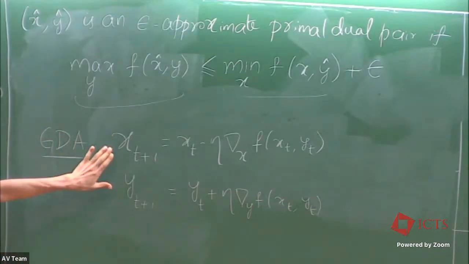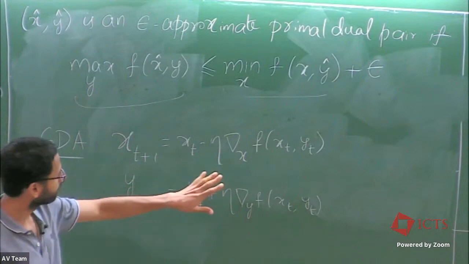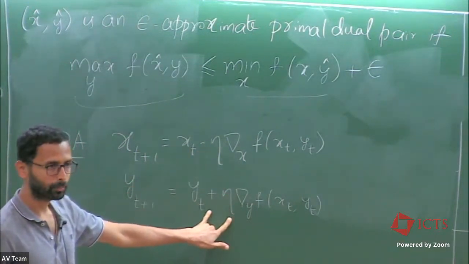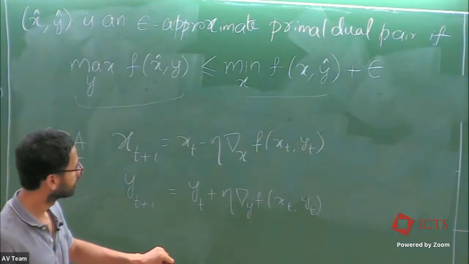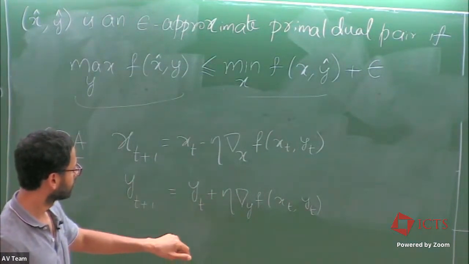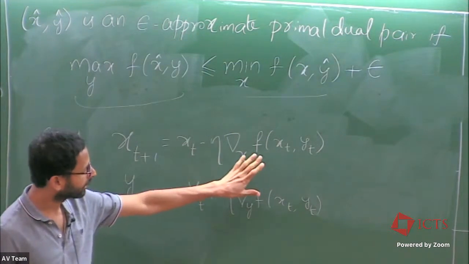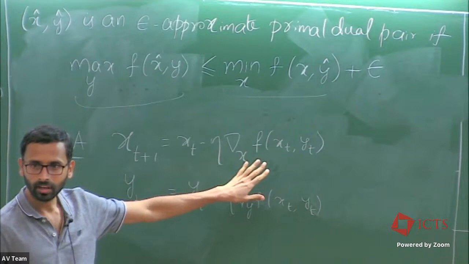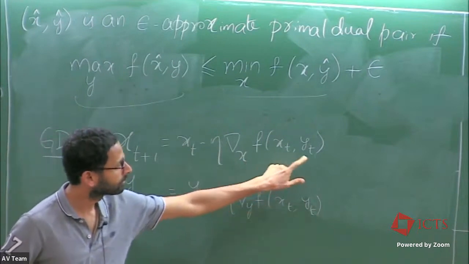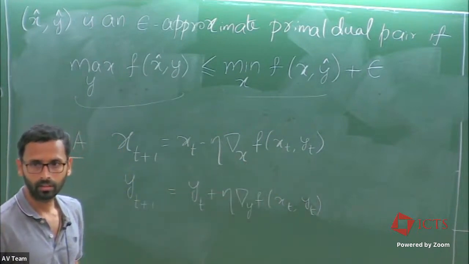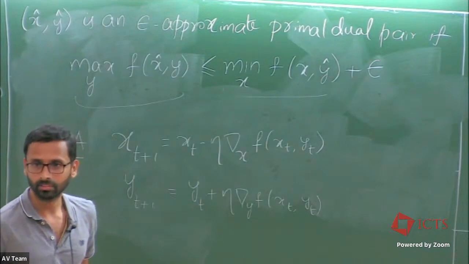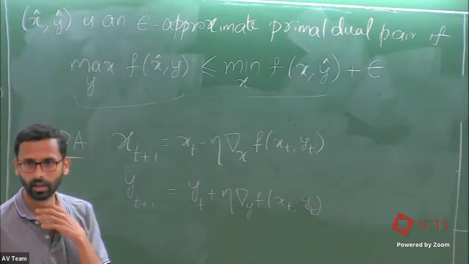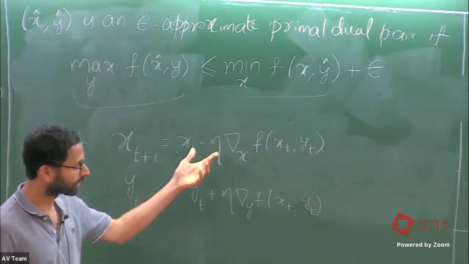The algorithm is very simple. We have a minimizing variable, so we do gradient descent, and then we have a maximizing variable where we do gradient ascent. There are actually multiple variants, but this is what is called gradient descent ascent in general. With the same iterates, this is called simultaneous gradient descent ascent. There are also sequential gradient descent ascent and other variants.